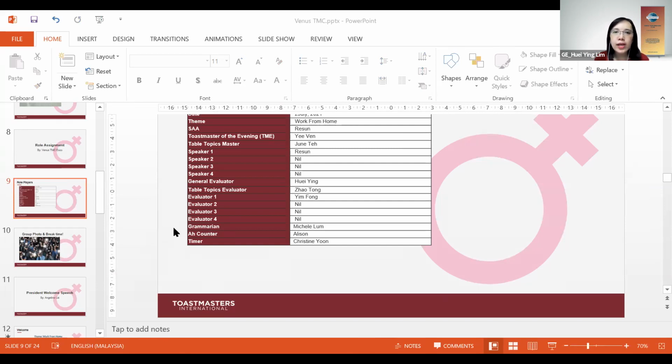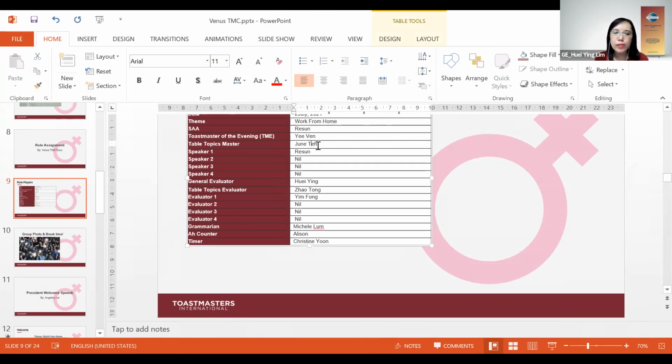Okay, I will share the timing for the timer. This is the virtual background I will share with you. What you need to do is just flash the background once the time has been reached.